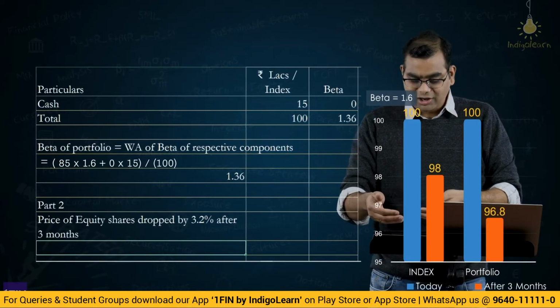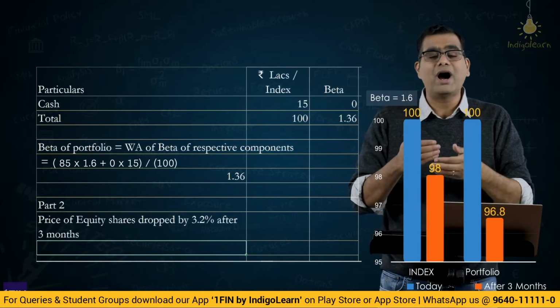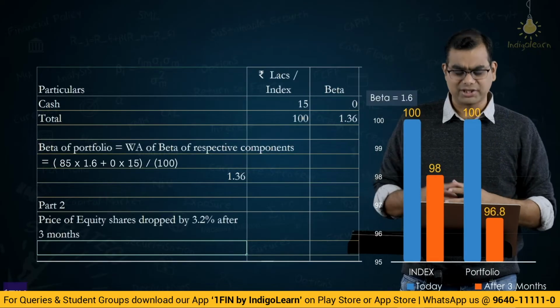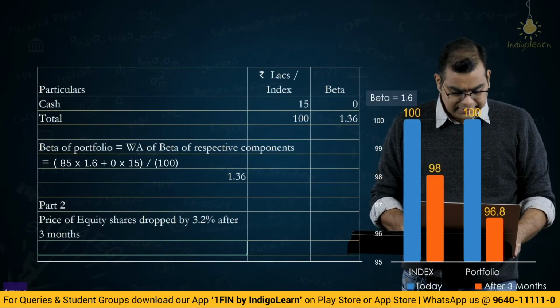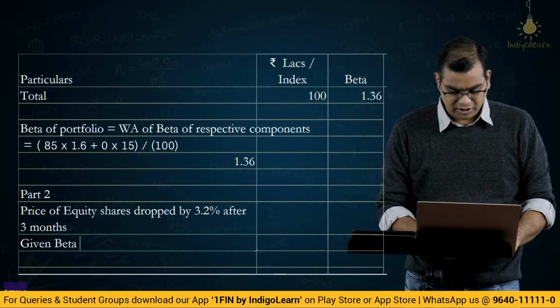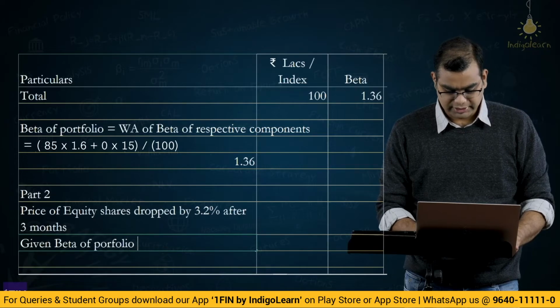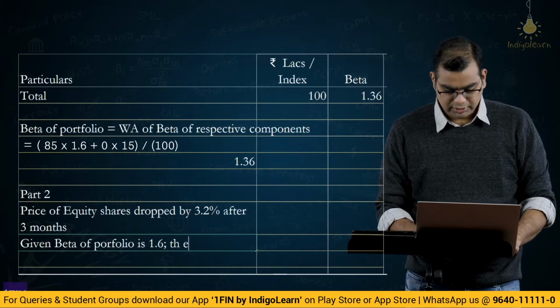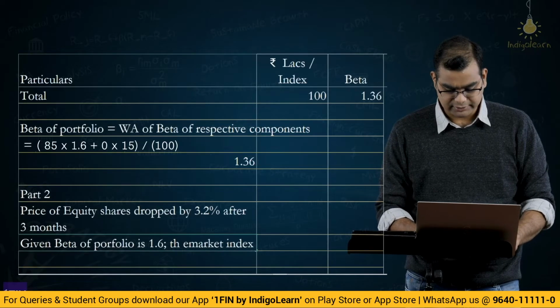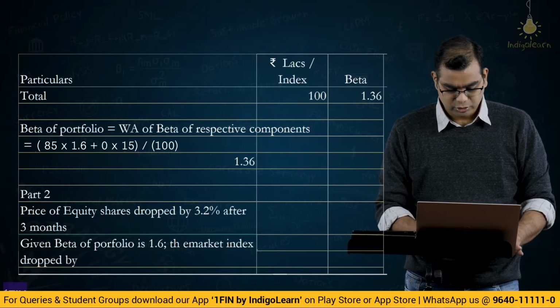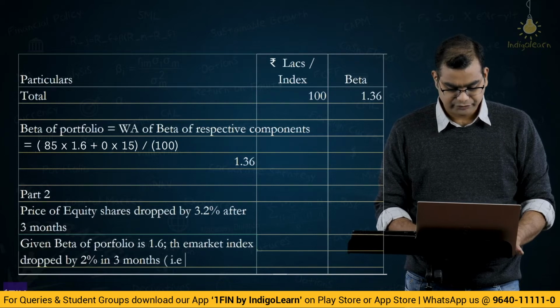So, this fell by 2 and hence this fell by 3.2 because the beta is 1.6. Now, it is not implied on the face of it, but you have to understand it from the information given. So, let me say, given beta of portfolio is 1.6, the market index dropped by 2% in 3 months, that is 3.2% divided by 1.6.